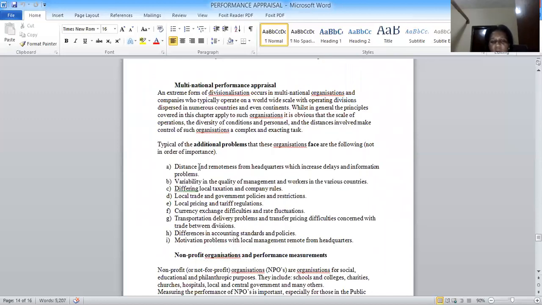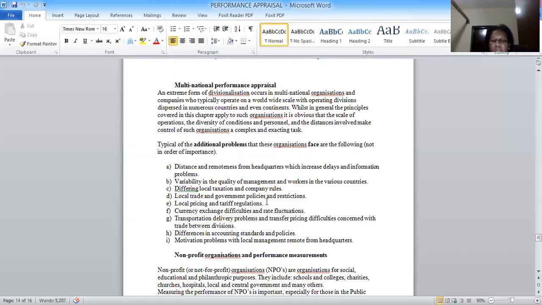One of the problems that we can mention is distance and remoteness from their headquarters, which increases delays and information problems. So these are some of the challenges they can have. They can also have challenges like local pricing and tariff regulations.